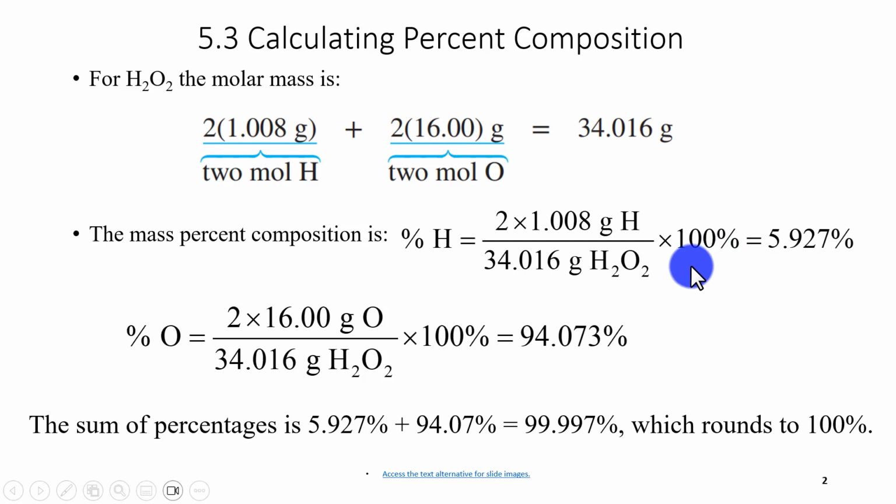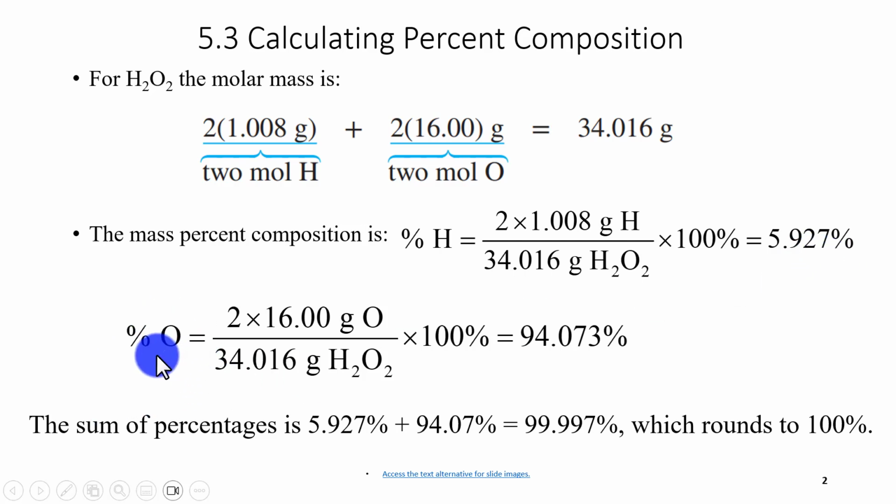It's multiplied by 100 because it's a percent. Then, if you think in terms of mass, basically mass of one component divided by the total mass times 100, that's the percent by mass of this element. And then we do the same for the next element. The mass percent for hydrogen then comes out to be 5.927%.